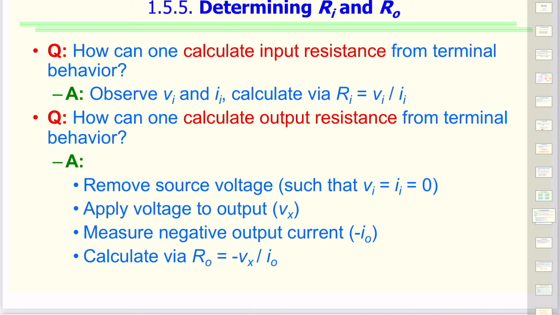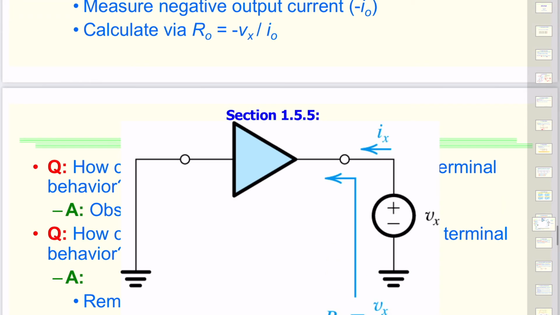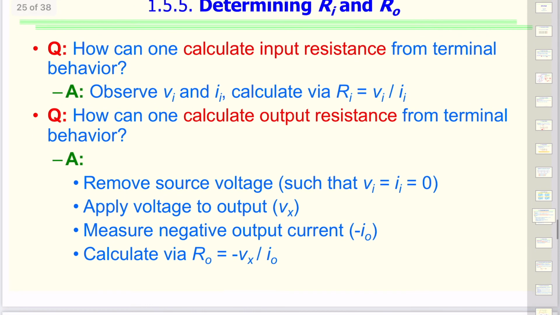Now the current is, of course, flowing in the opposite direction, so we put a negative sign so we can get the resistance out of it. And if you look at the figure, this would be the circuit that we would get to get the output resistance from this circuit. In a similar way, the input resistance can be found from the input voltage and input current.